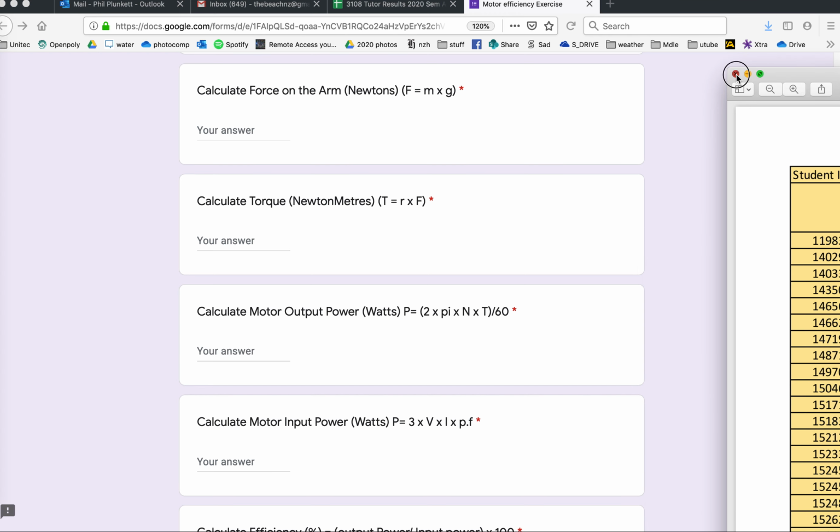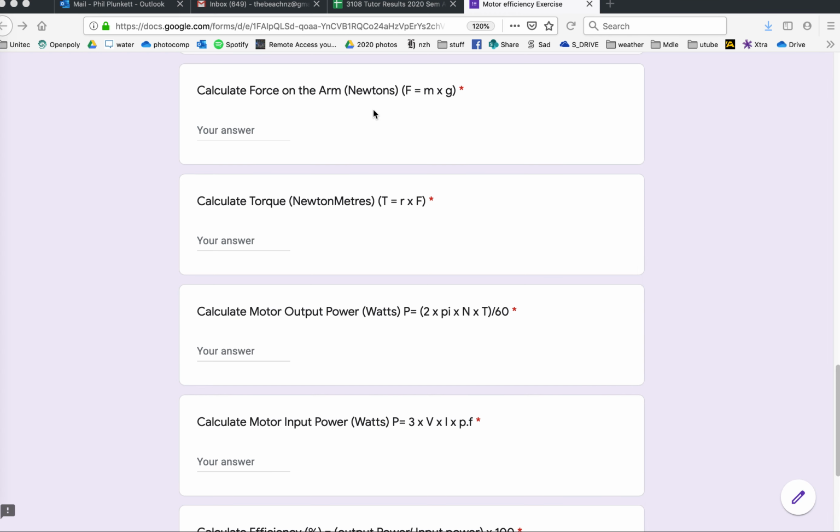Get rid of that for the moment. We don't need that anymore. I'm going to start here. Output power. Output power, if we're measuring it mechanically, P equals 2 times pi times N times T, all divided by 60. Okay, N is RPM. That's our revolutions per minute.